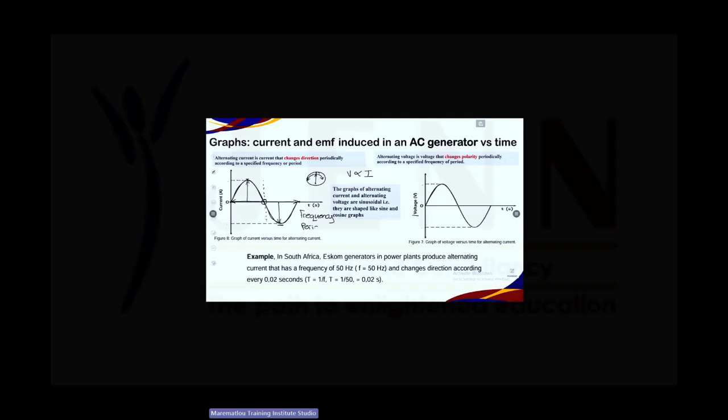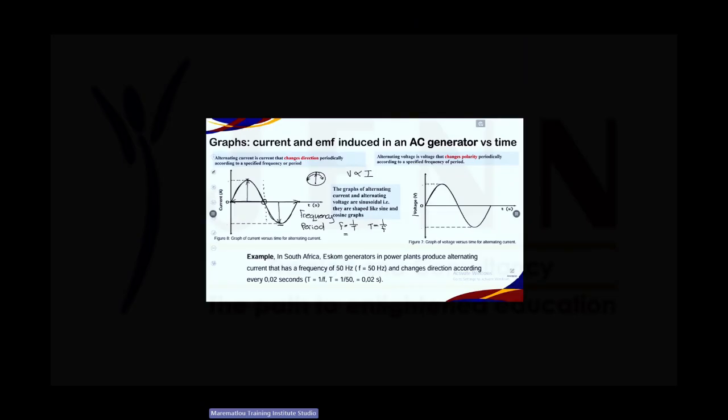If you can remember how to calculate them, we had f = 1/T, and because frequency is inversely proportional to period, T = 1/f as well. So if I have the frequency, for example, I can calculate the period.